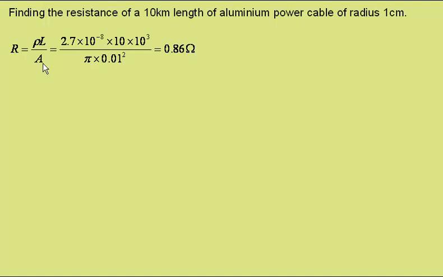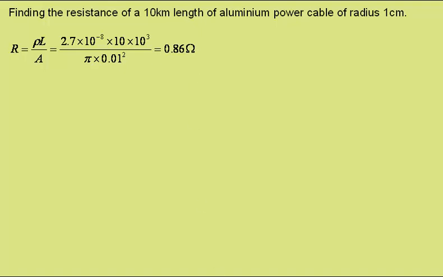The resistivity of aluminium was given earlier at 2.7 times 10 to the minus 8 ohm meters. 10 kilometers is 10 times 10 to the 3 meters, and our area is pi times the radius of 0.01 meters squared, giving a resistance of this length of wire of 0.86 ohms.